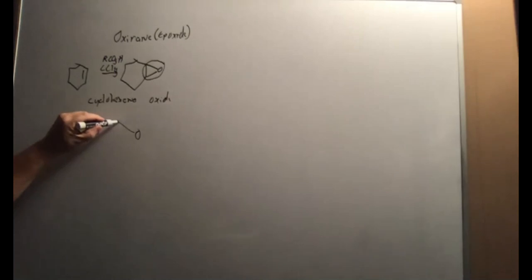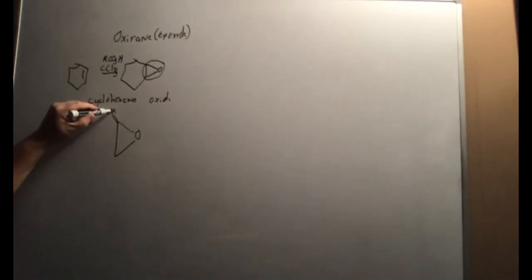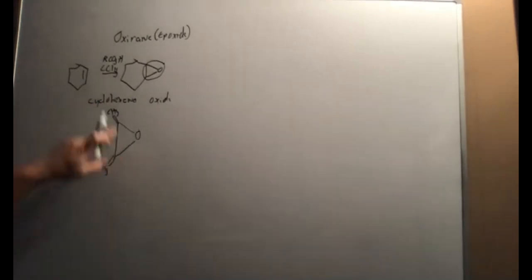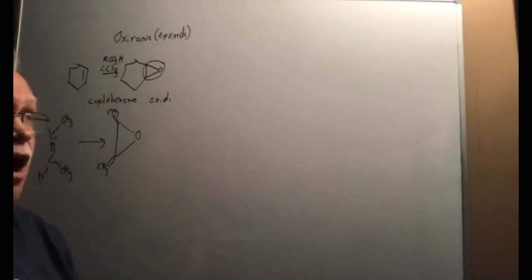Now, if we have this oxide, notice that the 2 methyl groups are cis on the ring. This came from this alkene. Since the methyls are cis on the ring, the methyls had to be cis in the compound.